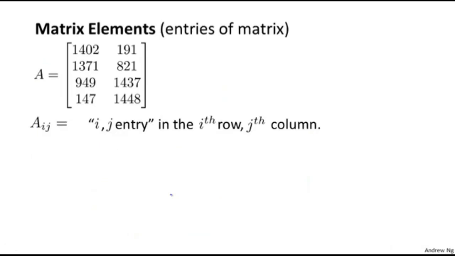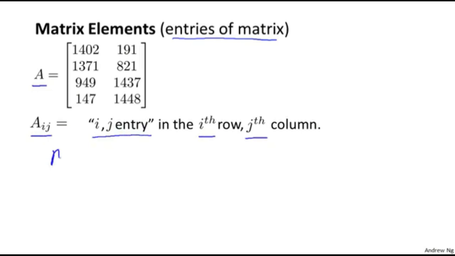Next, let's talk about how to refer to specific elements of the matrix. By matrix elements, I just mean the entries or the numbers inside the matrix. So in the standard notation, if A is this matrix here, then A subscript ij refers to the i,j entry, meaning the entry in the ith row and the jth column.